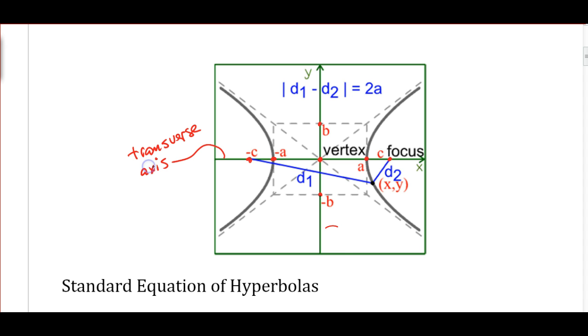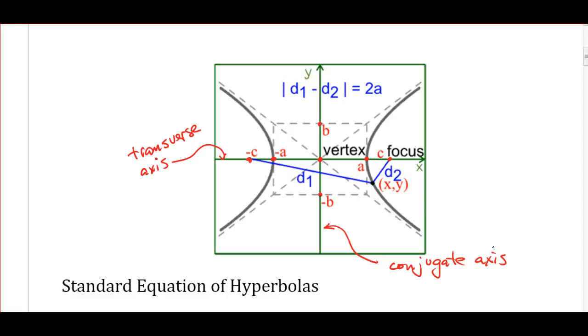And then this other axis, which you can think about like our minor axis, is called our conjugate axis. Okay, and this vocabulary is important because if I give you information that's referring to either the transverse axis or the conjugate axis, you'll need to know what those are. Okay, so these are the parts.